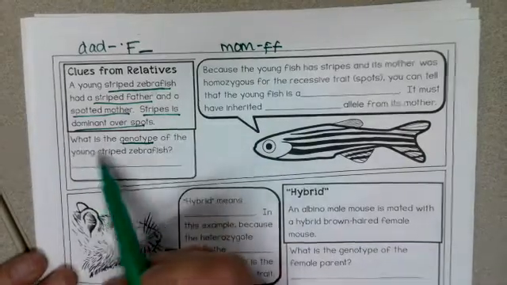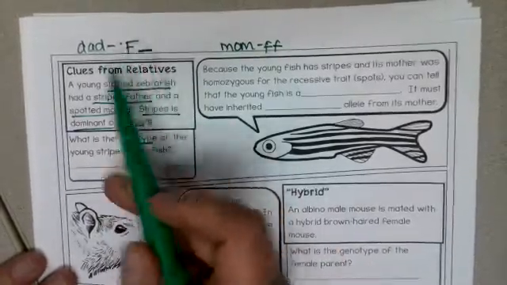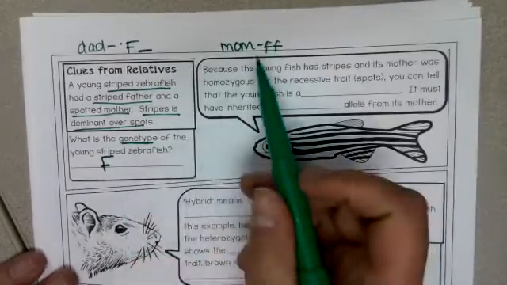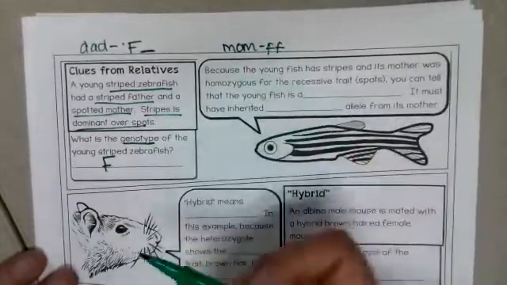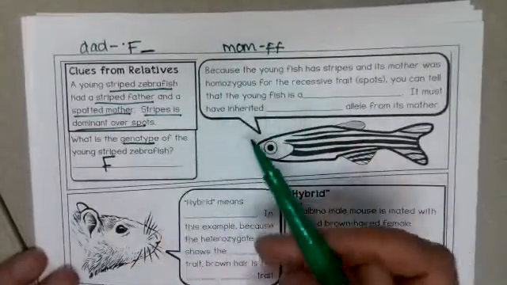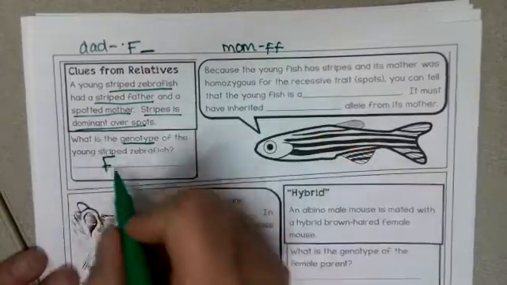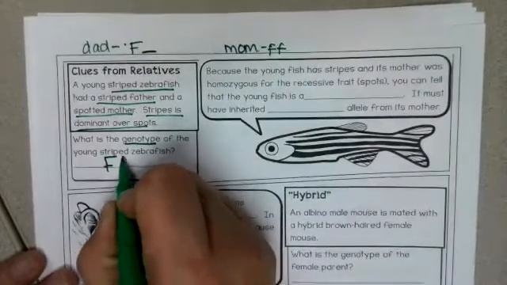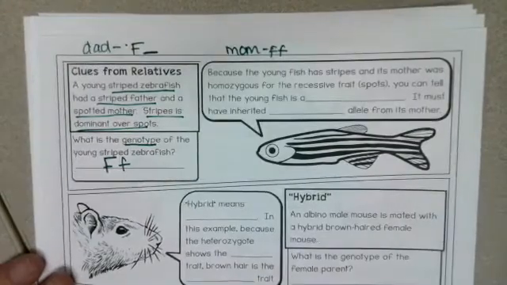Which means that baby is for sure going to have a capital F. And since mom literally only has recessive alleles to give to that baby, baby could only ever have a heterozygous genotype. Okay, so a capital F and a lowercase f genotype or coding.